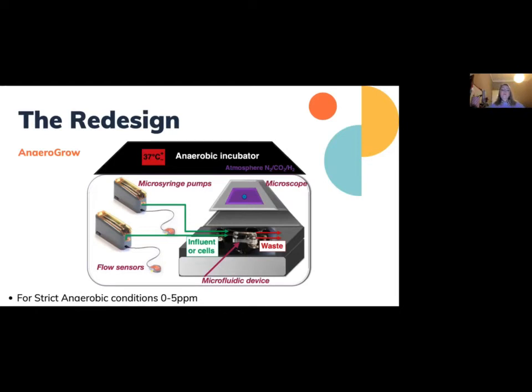So we needed strict anaerobic conditions of 0 to 5 ppm. So I redesigned the experiment and decided to put everything inside of an anaerobic incubator so that we could maintain strict anaerobic conditions.